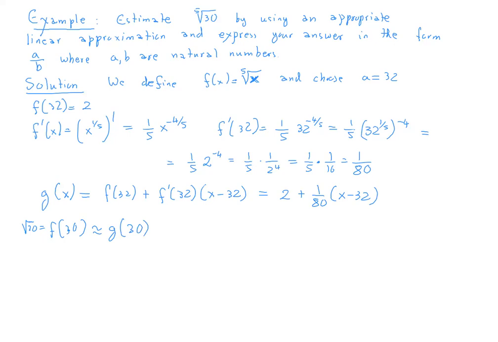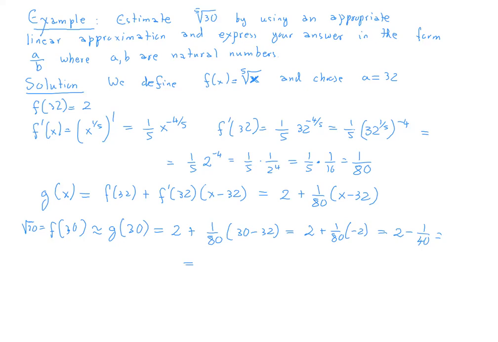And how much is g of 30? 2 plus 1/80 times 30 minus 32, which is 2 plus 1/80 times -2, which is 2 minus 1/40.